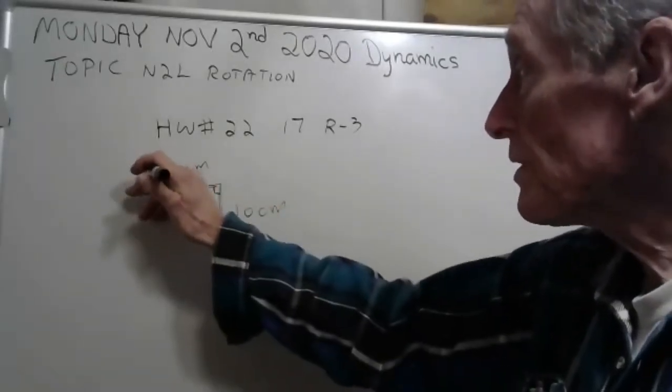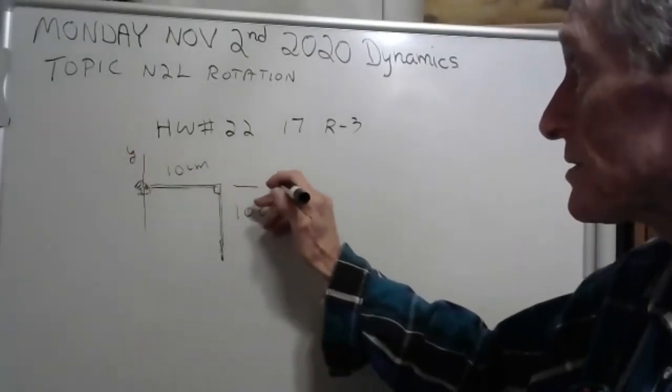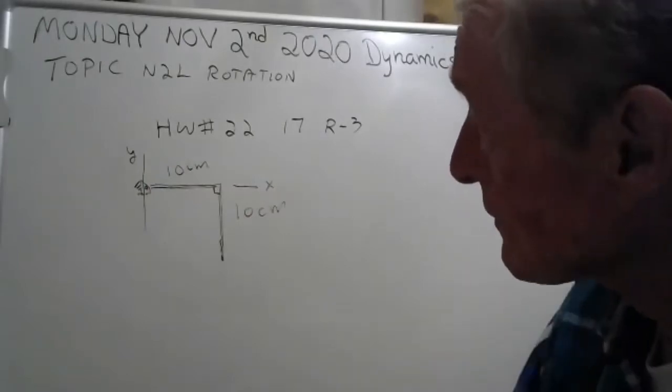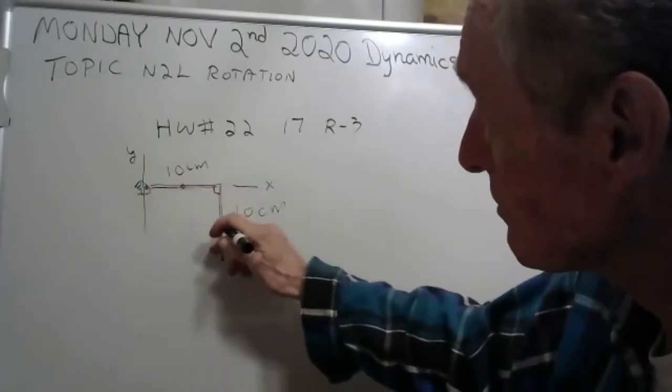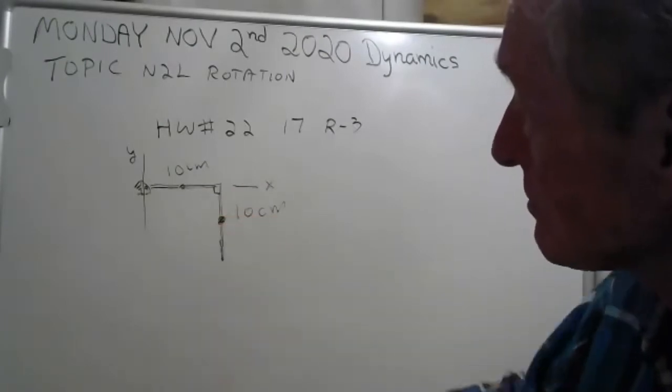Well, you could put your axis right here. There could be a y-axis and your x-axis here. Can you see that the center of this rod's right there and the center of that rod's right there? Yeah, pretty much.